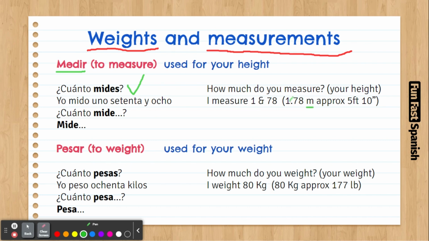This number is approximately 5 feet 10 inches. To talk about your height, you have to use meters, and you just say uno, which is one, 78 centimeters. I know it's going to be hard to get used to these measurements if you're not used to this, but that's the way we use it here.